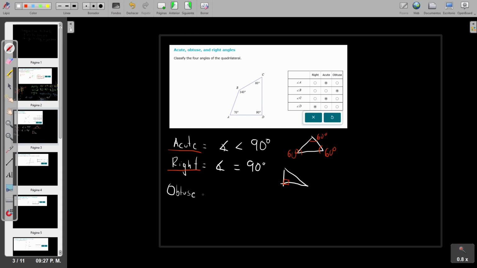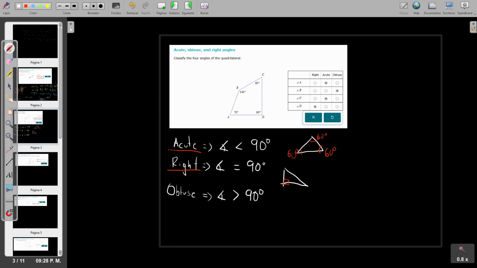Now we're going to the obtuse angles. This means that the angle is more than 90 degrees.